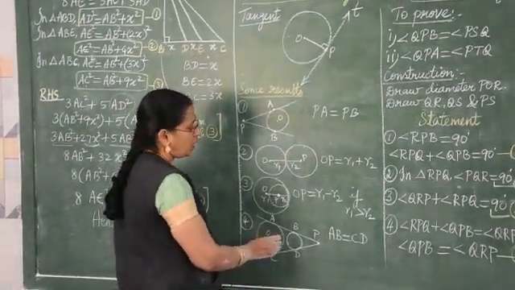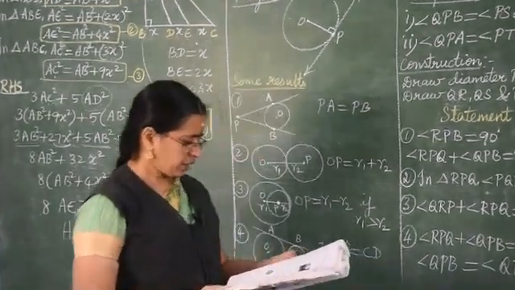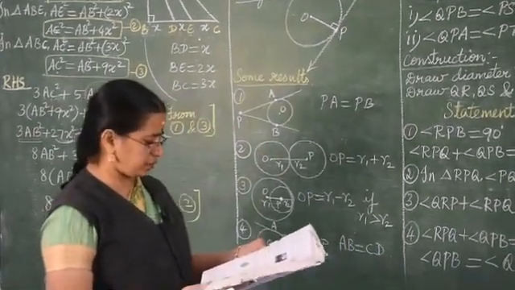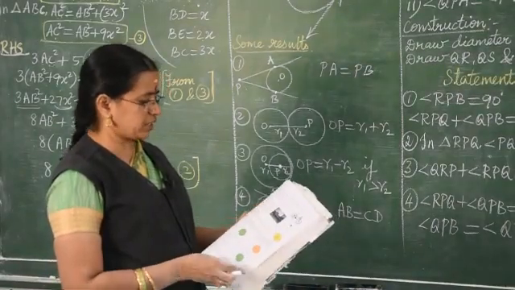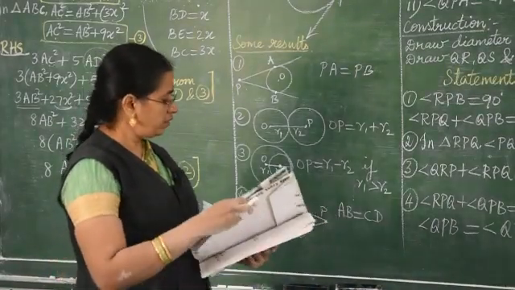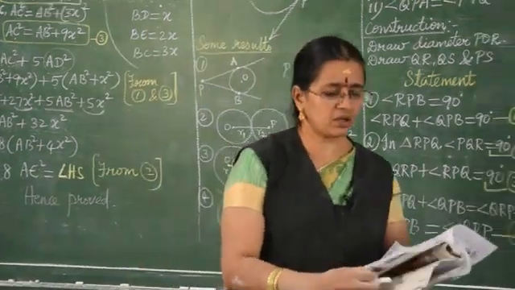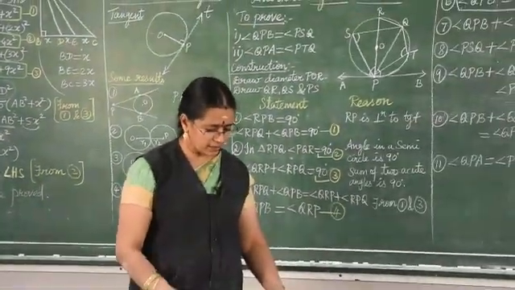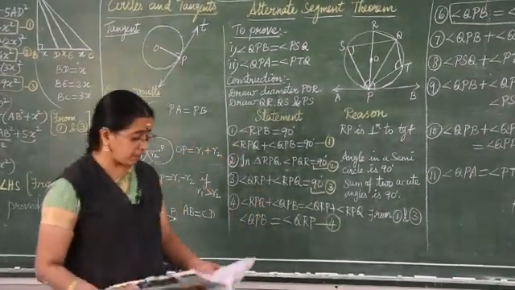And then, the lengths of two tangents drawn from an exterior point to a circle are equal, we have seen. Two direct common tangents drawn to two circles are equal in length.